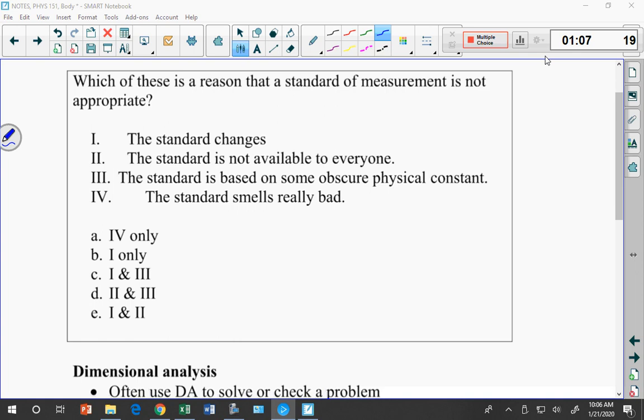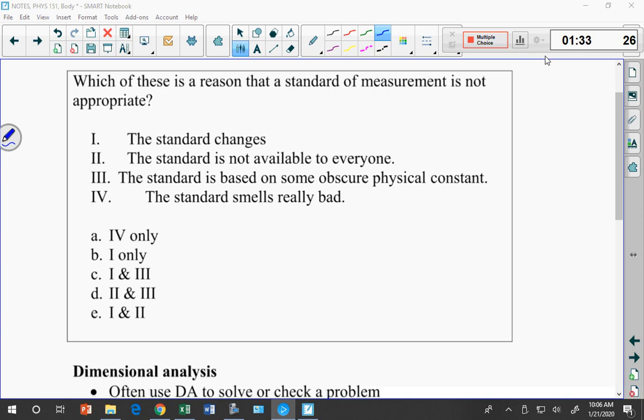Has everybody shared your answer with somebody else? So which of these is a reason that would make a standard of measurement not a good standard of measurement?